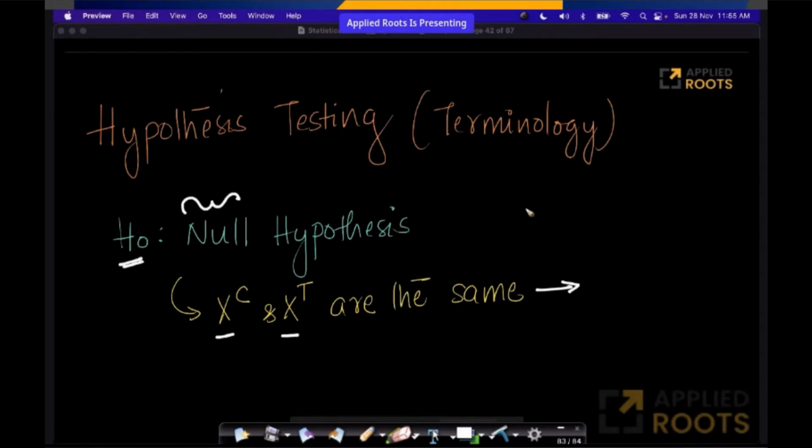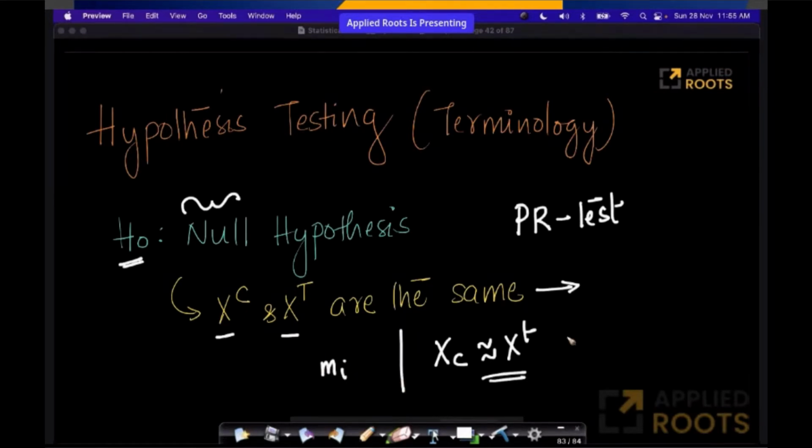But in the case of permutation resampling test, the reason we said our null hypothesis is that XC and XT are the same is because we can easily simulate this and actually observe the value of the medians under this null hypothesis.